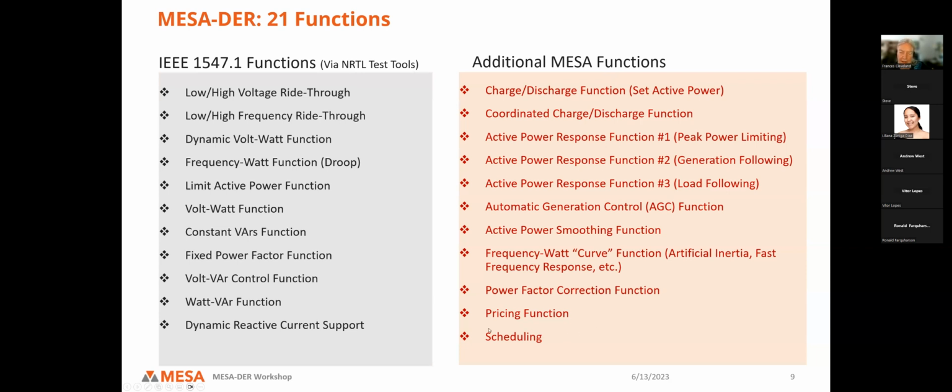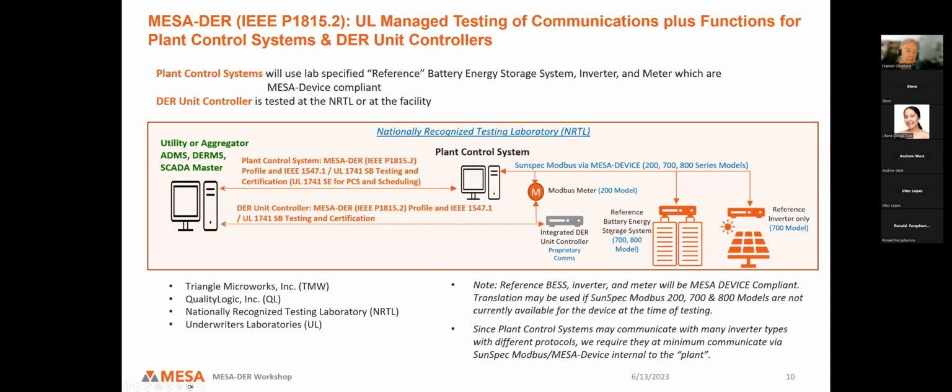And I'll just point out one of them, which is scheduling, because scheduling has become quite a bit more important as we try to manage the grid and the export of power and the import of load. So scheduling those capabilities has become quite a bit more important. And so MESA and the DNP3 can provide quite sophisticated scheduling capabilities.